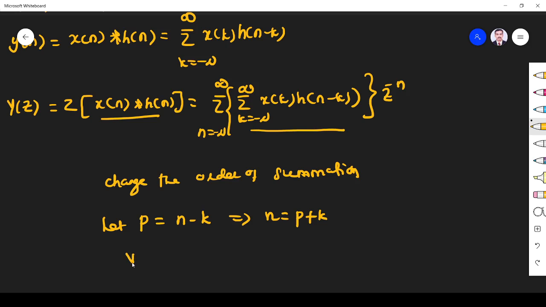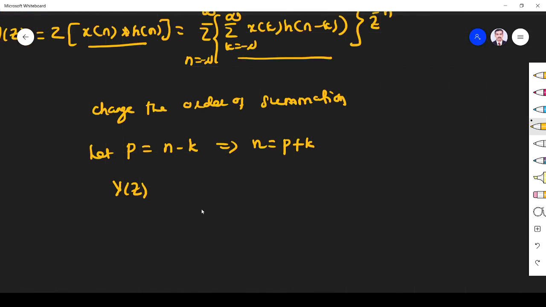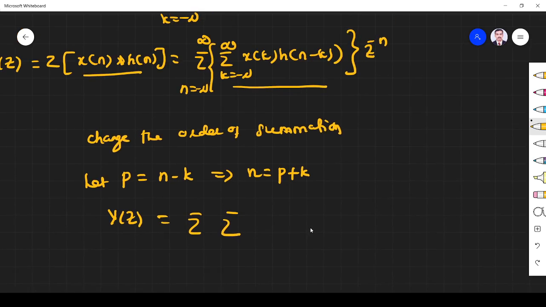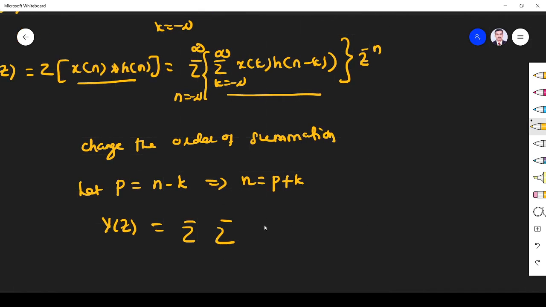So in Y of z I substitute here: summation of x of k, h of n minus k is h of p, and z power minus n is z power minus p plus k. And we know that k varies from minus infinity to plus infinity.